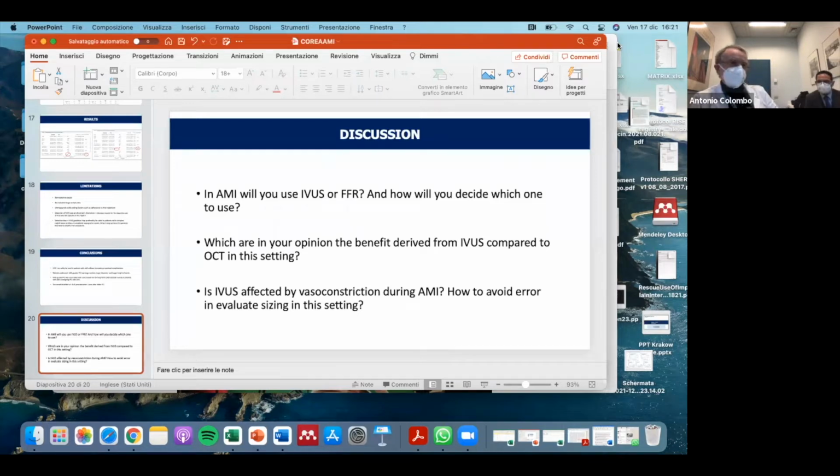Maybe in a general acute coronary syndrome, maybe, but I will be selective. It depends. So I think there are some unmeasurable factors.